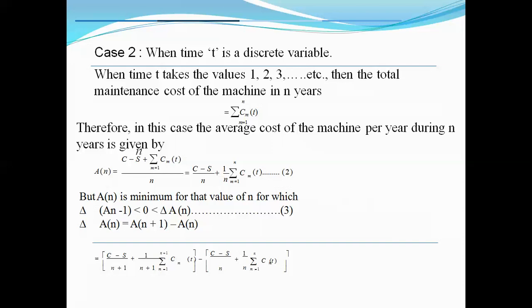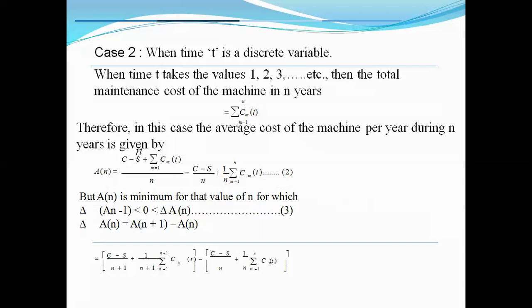So here, the average maintenance for n number of years, when t is considered in years, for the n minus 1 condition is less than or equal to 0, which leads to less than delta of the average cost for n number of years, with respect to this machine, leading to the following formulation, that is, delta A of n is equal to A of n plus 1 minus A of n.